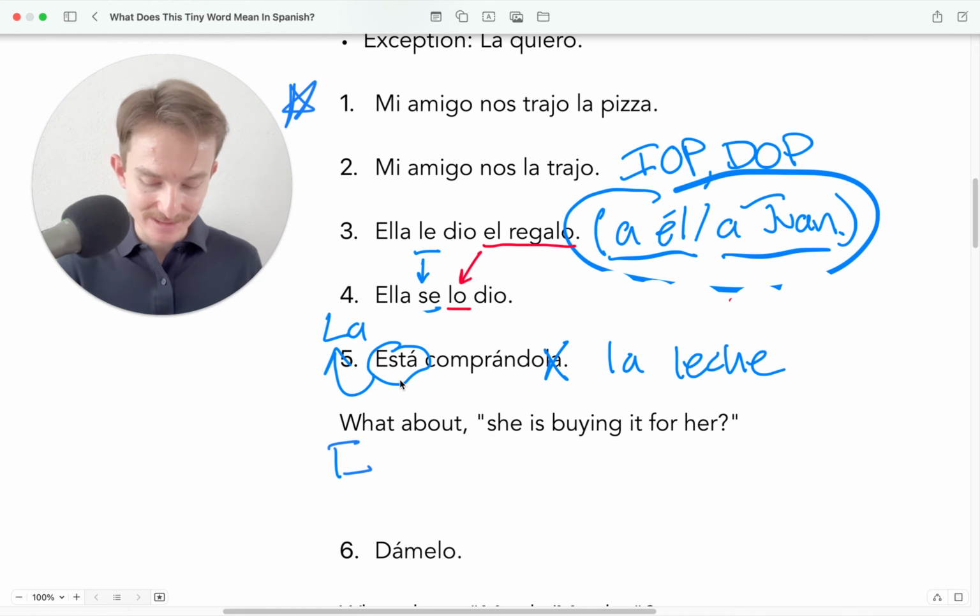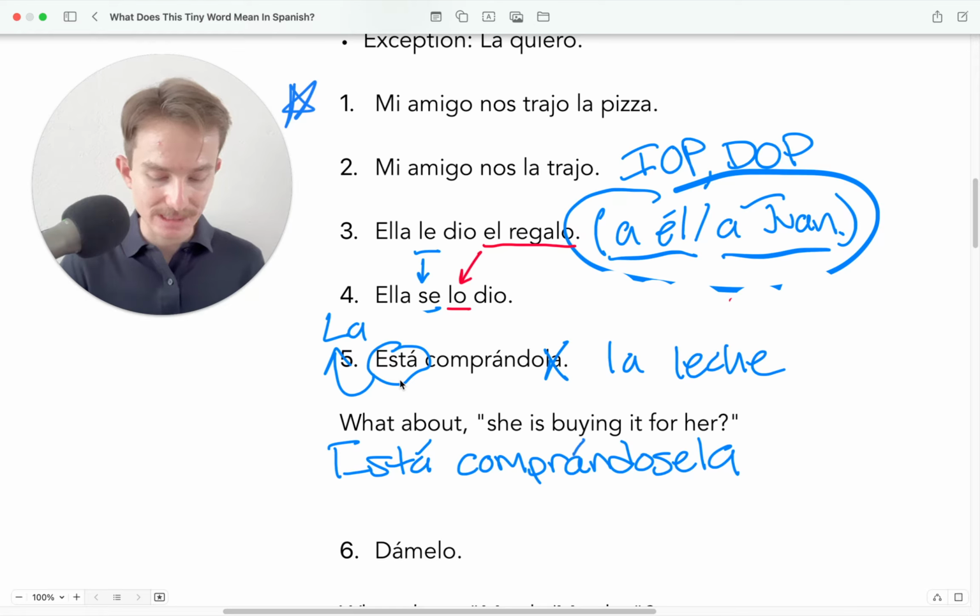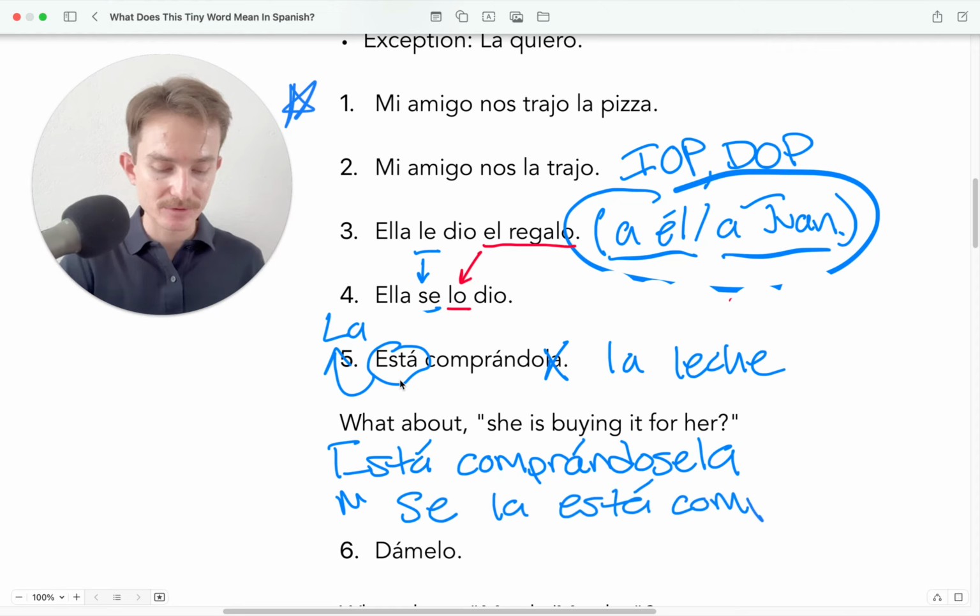Okay. Está comprando. So we have two options. Está comprando se la. Okay, comprándosela. Or we have se la está comprando. And forgive me for these technical difficulties.